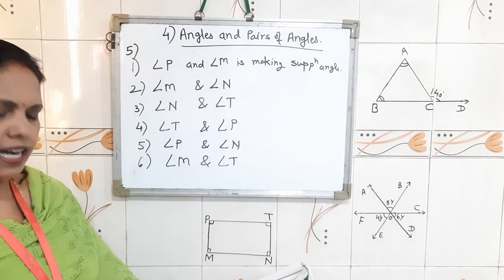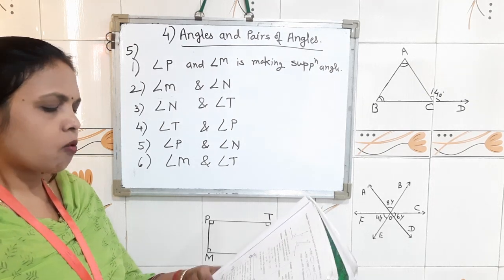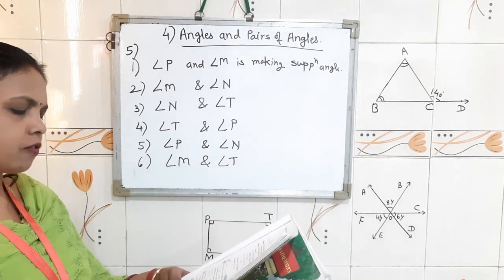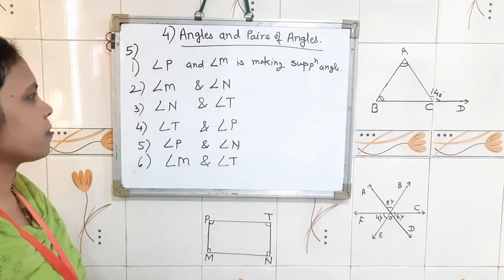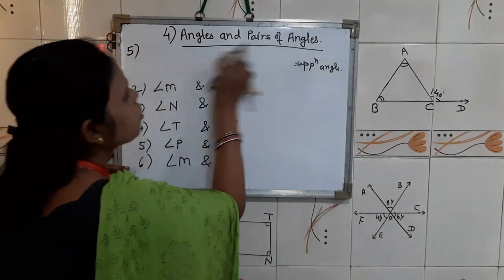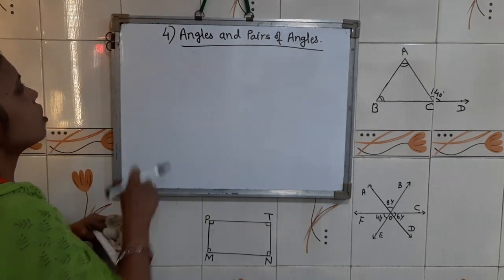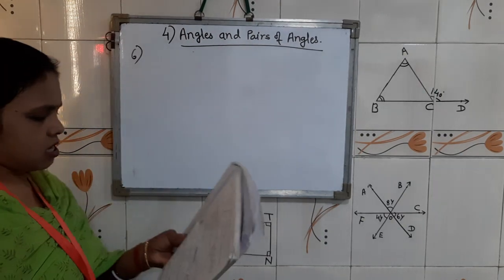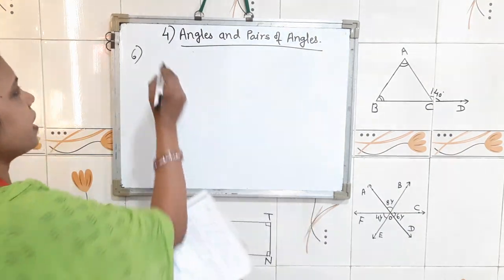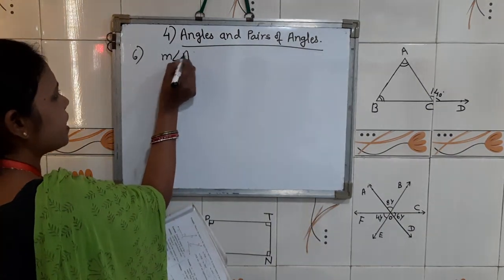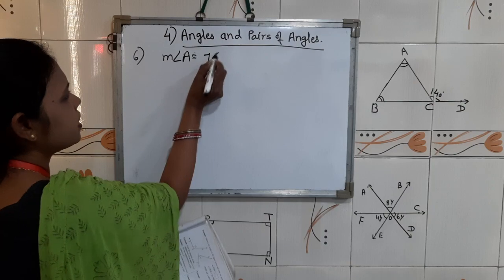If angle A is 70 degrees, what is the measure of the supplement of the complement of angle A? Here, the measure of angle A is given as 70 degrees.